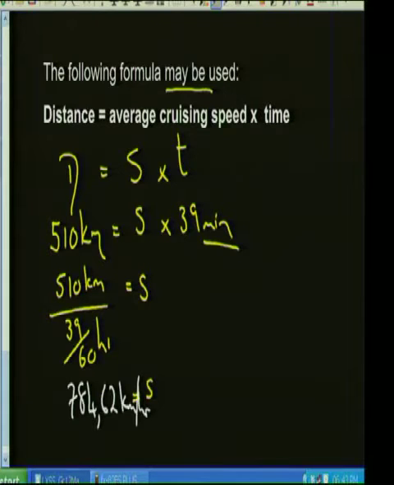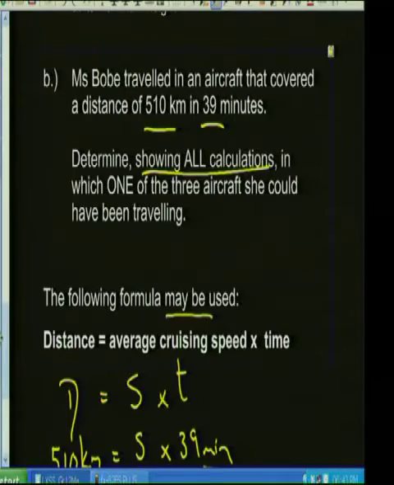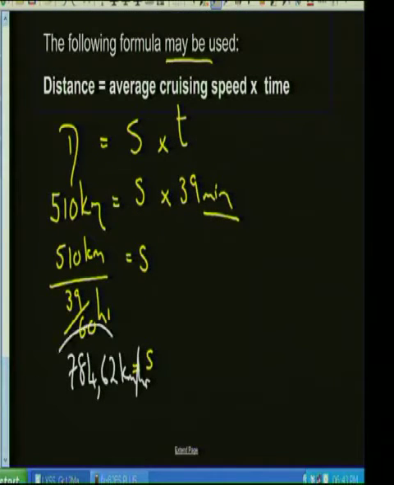Kilometers per hour. Sure, so we've answered the question. No, we haven't answered the question because the question was determine which one of the aircraft she could have been traveling in. So we know she's traveling 784 kilometers an hour.